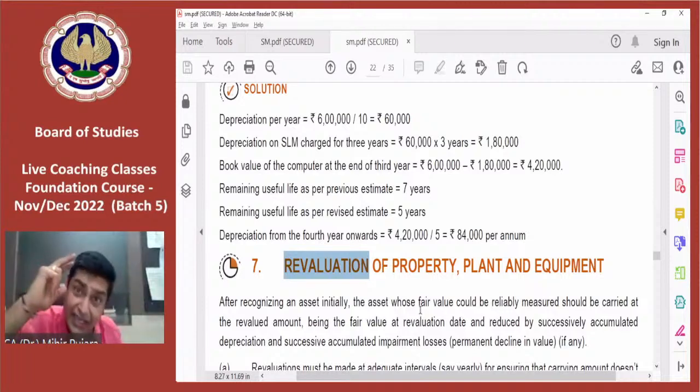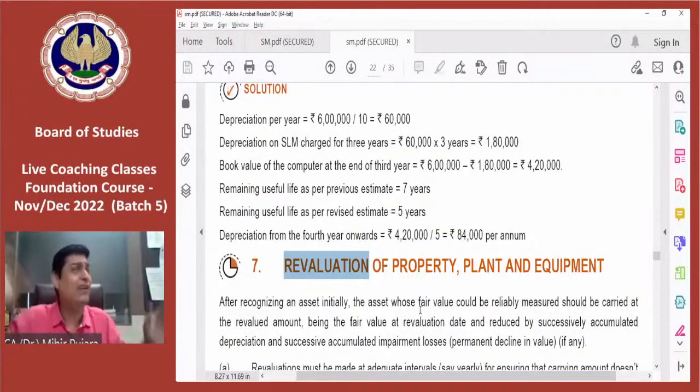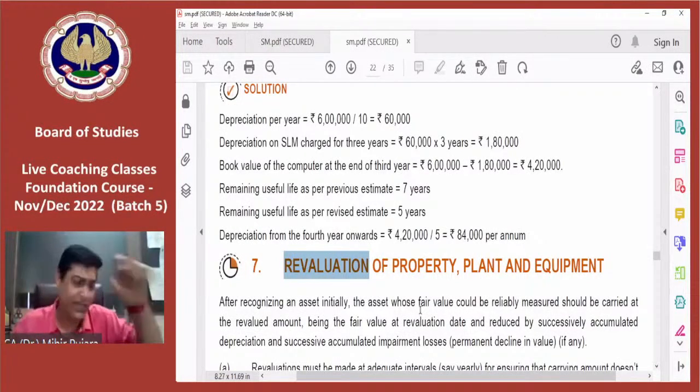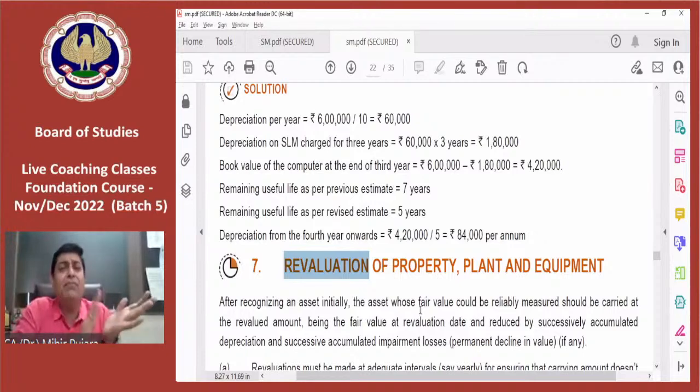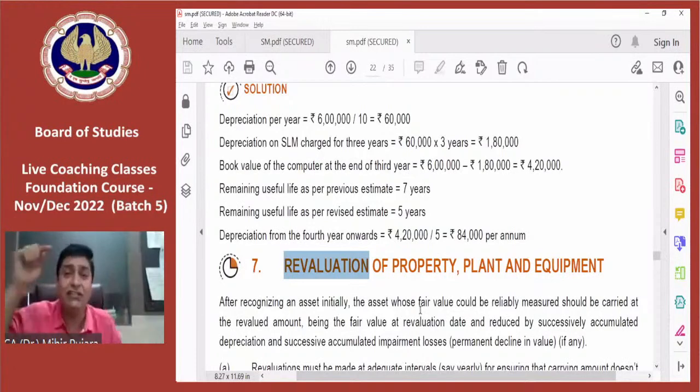But now I revalue my closing balance from the condition of the asset and overall condition. This 40,000 is my book value, 1 lakh minus 60,000. But from the various conditions, I understand that the value should not be 40,000 in my book. The correct value should be either 50 or 30. So I am revaluing my closing balance either upward or downward.